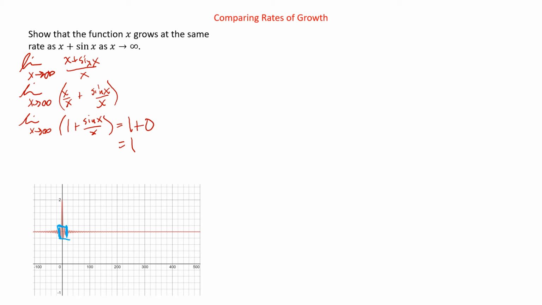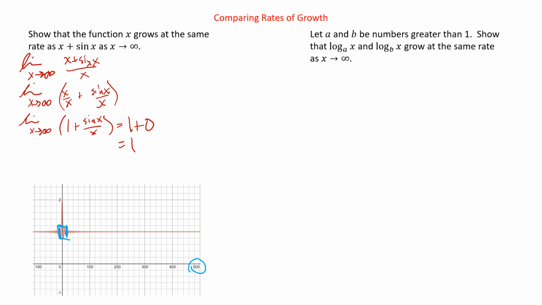You have to zoom out specifically in the x values. Notice my x values here are going out to 500. That was enough to give me a pretty decent idea that this is where it's going. It's not going to start doing something crazy after that. So we can always look at the graphs as well, and that can help.